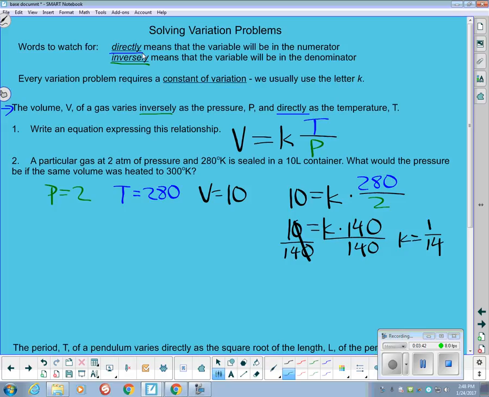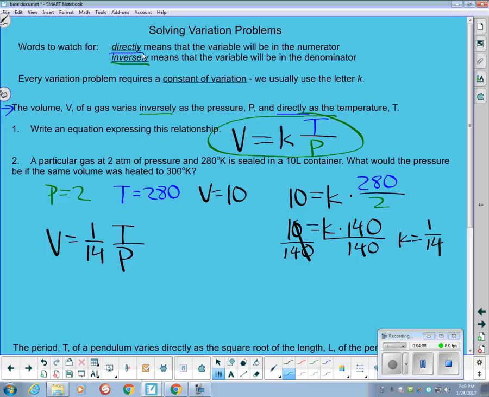So the next step is to go back to the equation up here, and I'm going to rewrite that with the value of K in there. So V is equal to 1/14 times T over P. The 1/14th would have something to do with the particular gas.